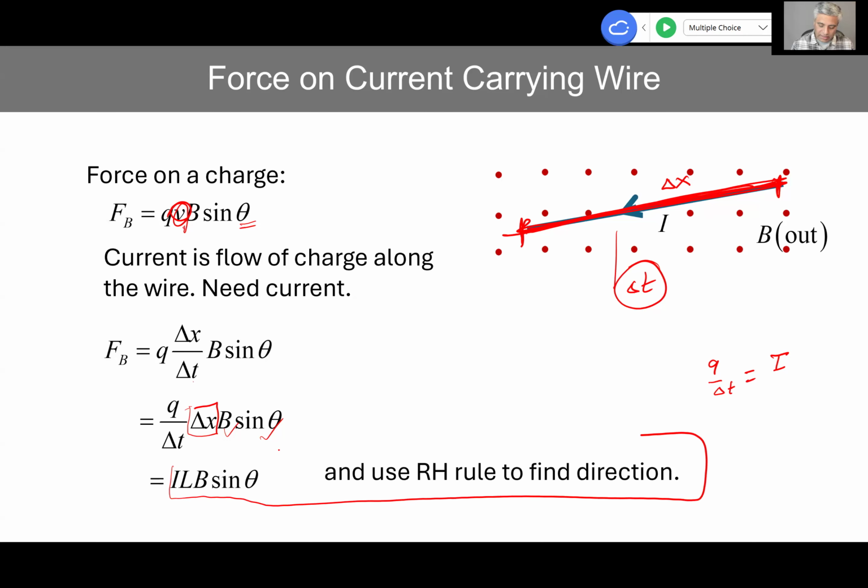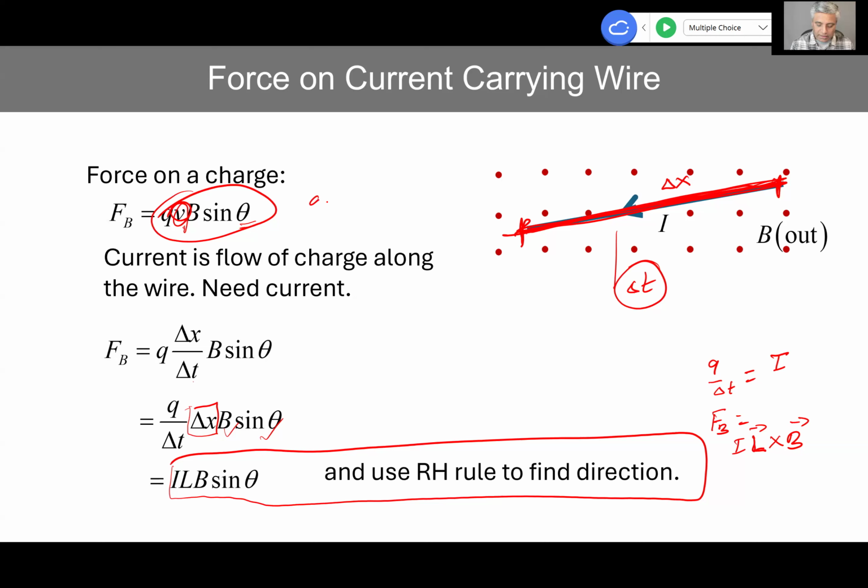So that's the right hand rule. In terms of vector, this is written as something like this. Since current is not a vector quantity, we say the displacement is a vector. So displacement is the length of a wire in the direction of flow of current. Okay. So this is another way to write this. Just like another way to write this is qv cross B, cross product, right?